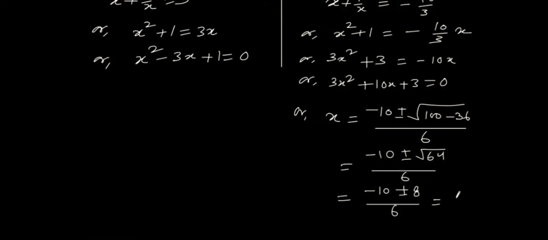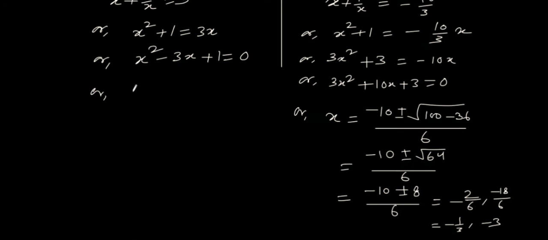So that means x can be negative 2 by 6, and another is negative 18 by 6. So that is negative 1/3 and negative 3.